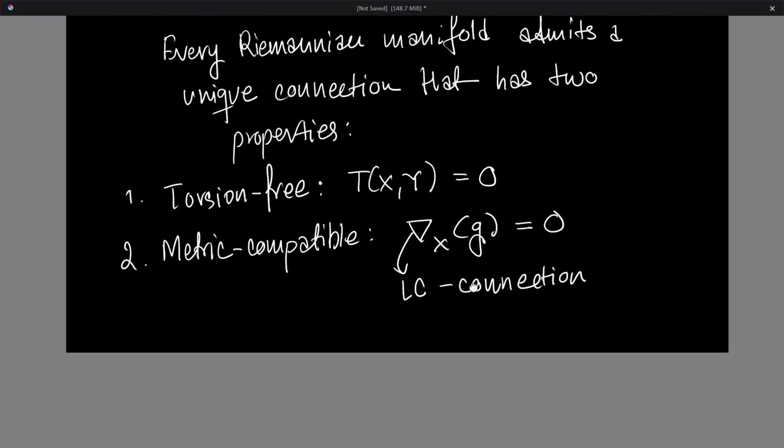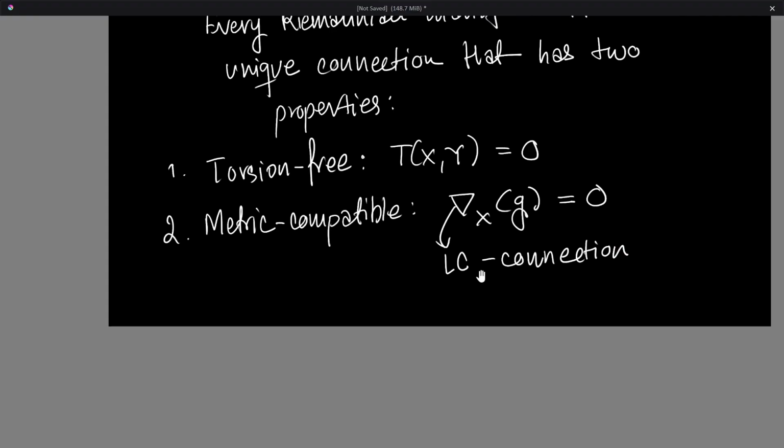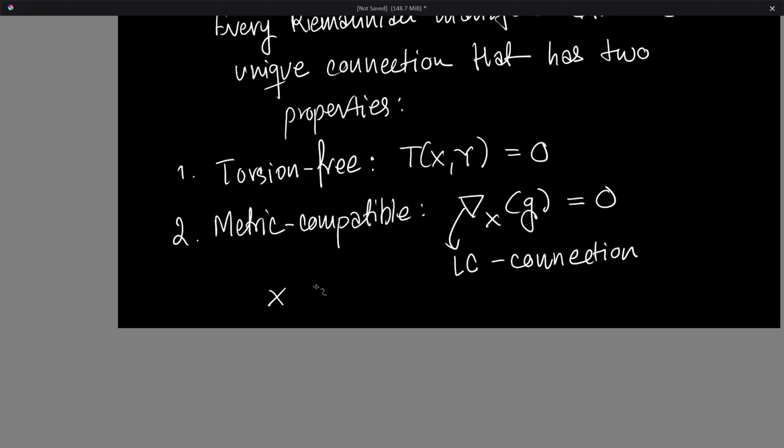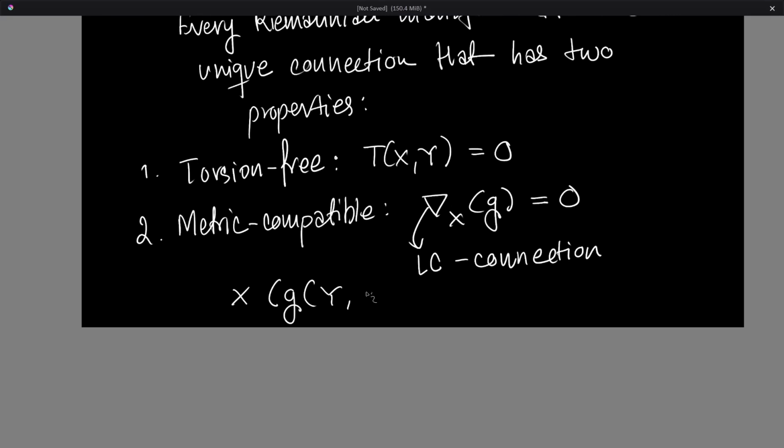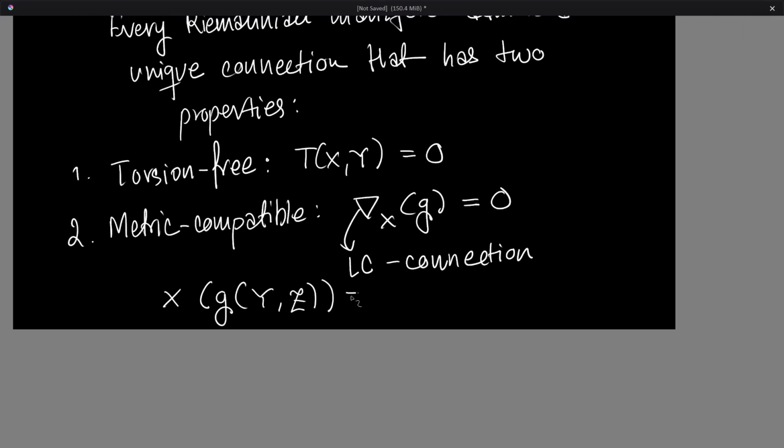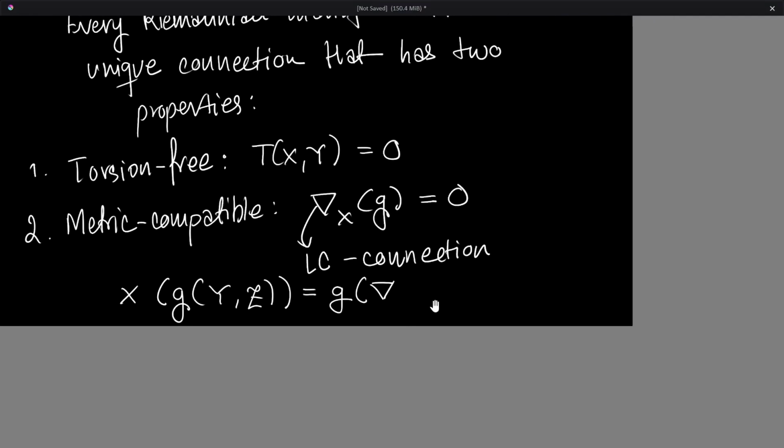This also can be translated into the following condition. Let me write it out. X of g of y z is equal to g of nabla x y, z plus g of y, nabla x z.